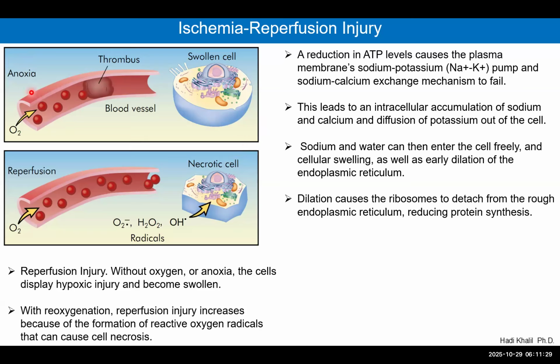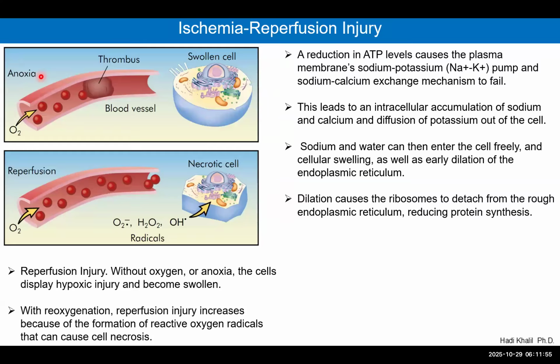The first one is a blood vessel, and the oxygen within the red blood cells is not being transmitted anywhere after this thrombus because it blocks the blood flow. Anoxia is a total loss of the oxygen, and ischemia is a reduction of that amount of oxygen.